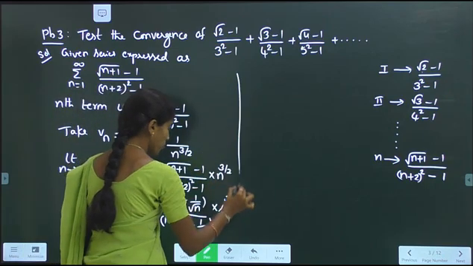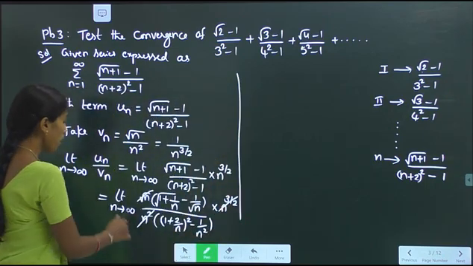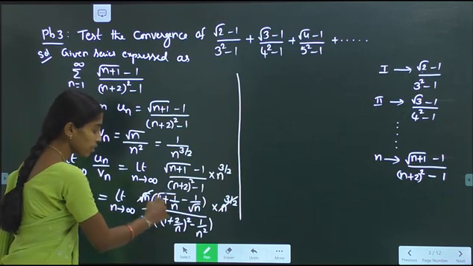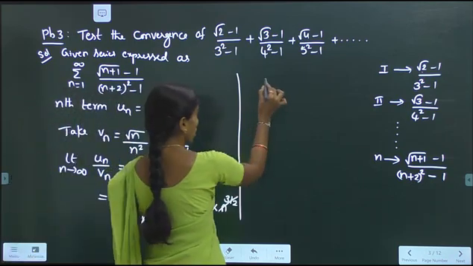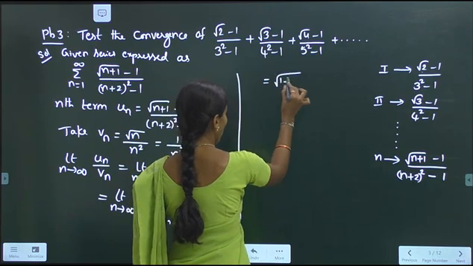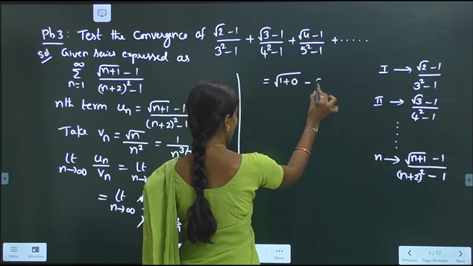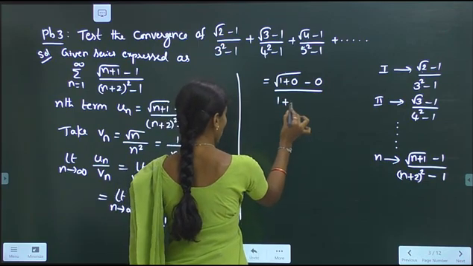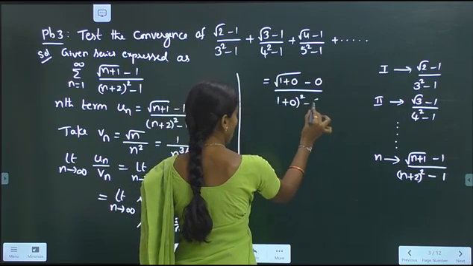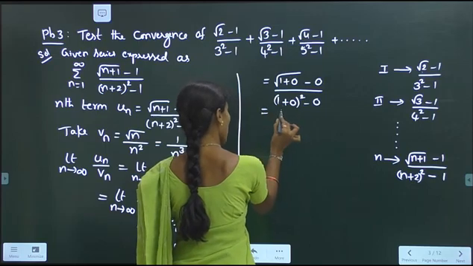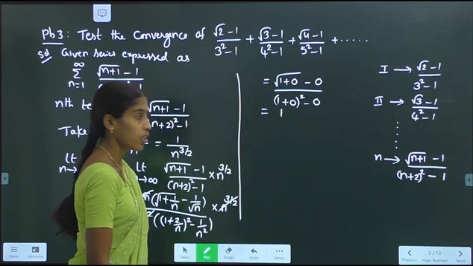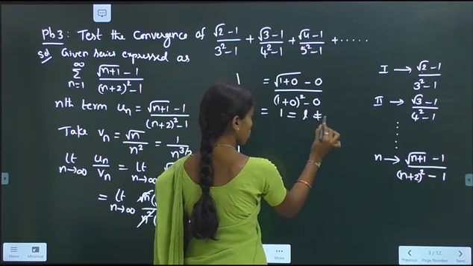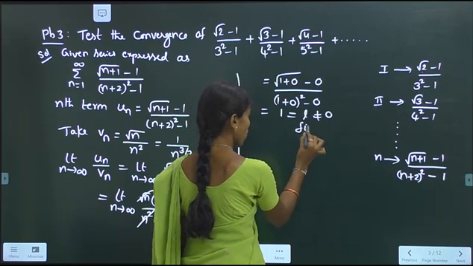Now apply n tends to infinity. As n tends to infinity, 1 by n tends to 0. So, square root of 1 plus 0 minus 0 by 1 plus 0 whole square minus 0. So, what is the limit value? It is 1, which is the L value, not equal to 0, and also it is a finite number.